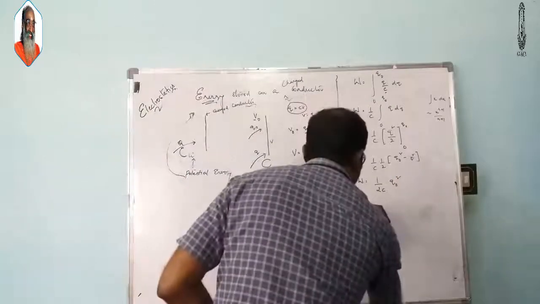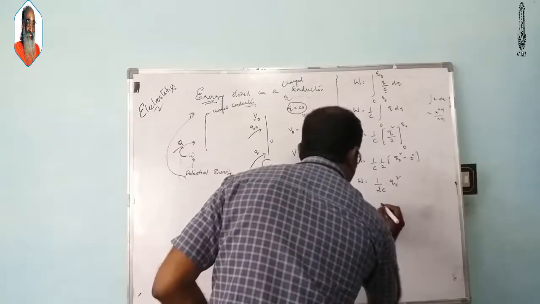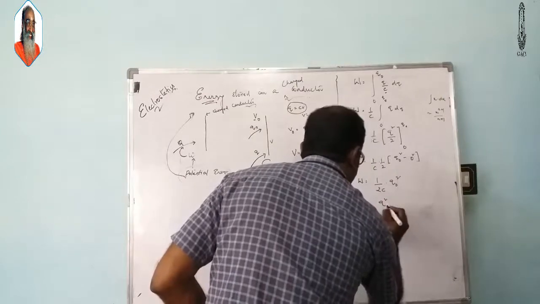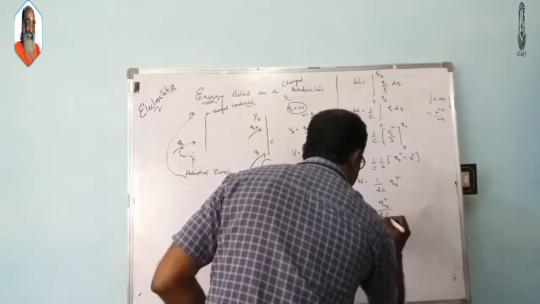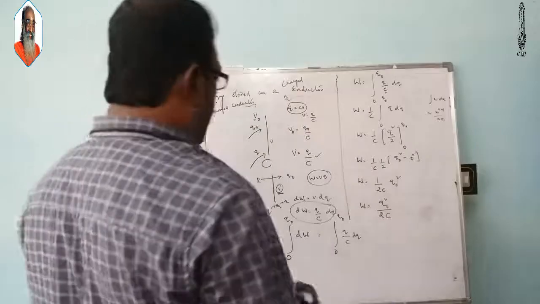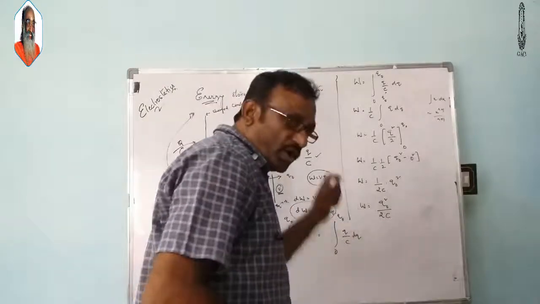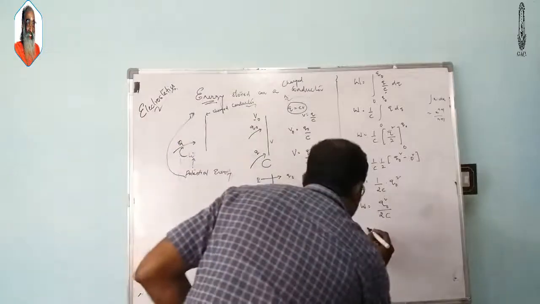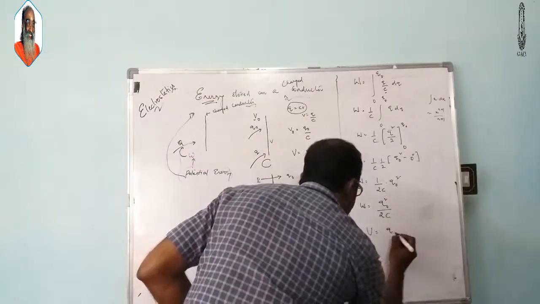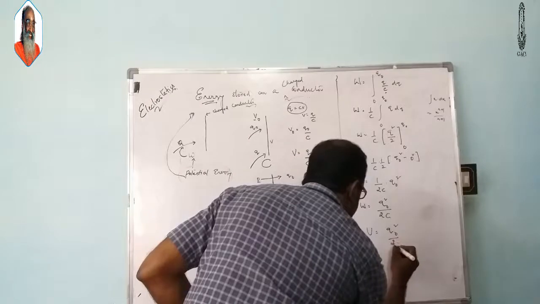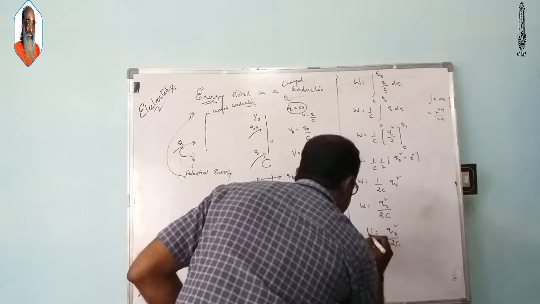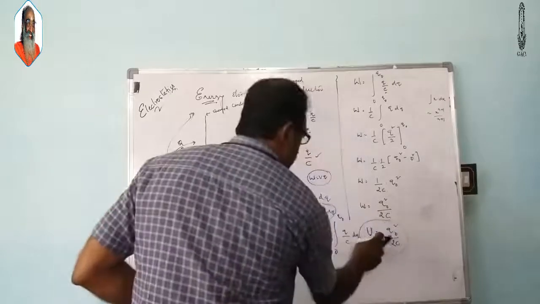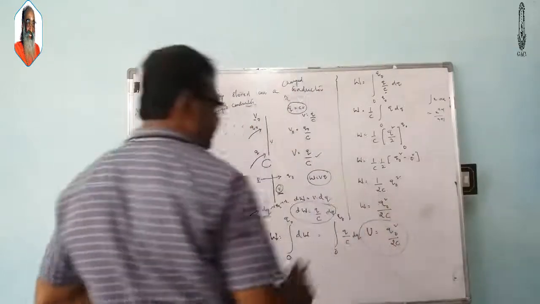That means we got the relation W is equal to Q naught square by 2C. And already we said that the work done is stored in the form of potential energy. So U is equal to Q naught square by 2C. Now we got the energy in an expression in the form of charge and capacity of a conductor.